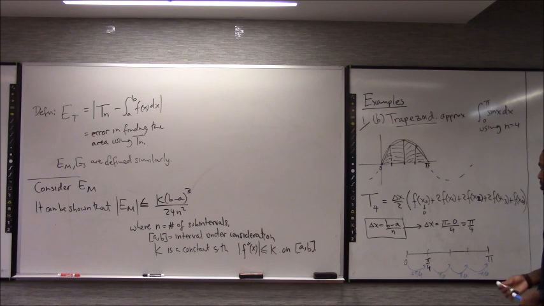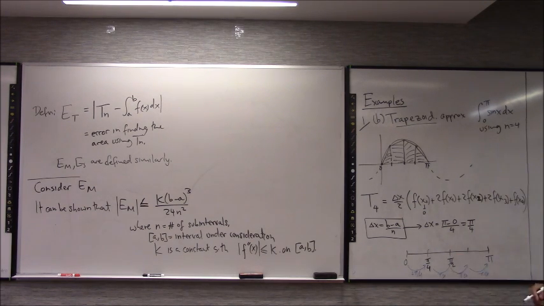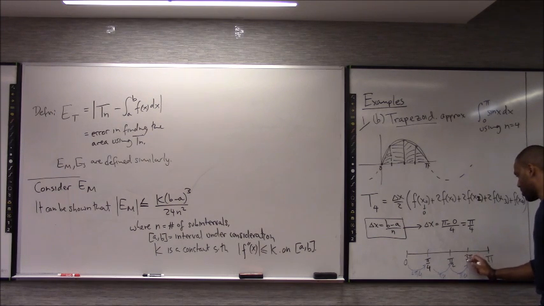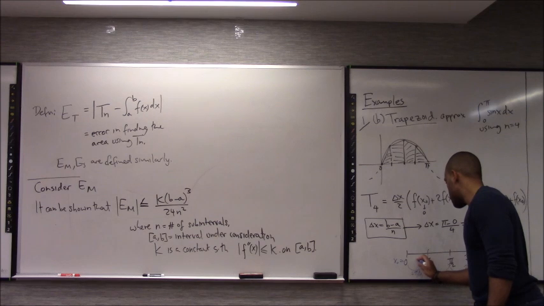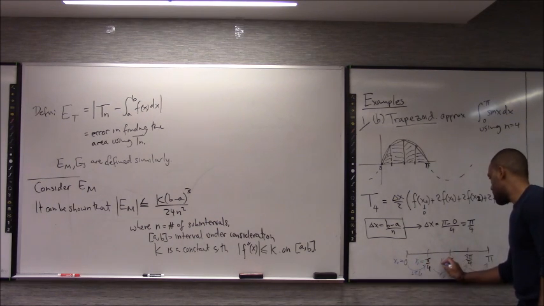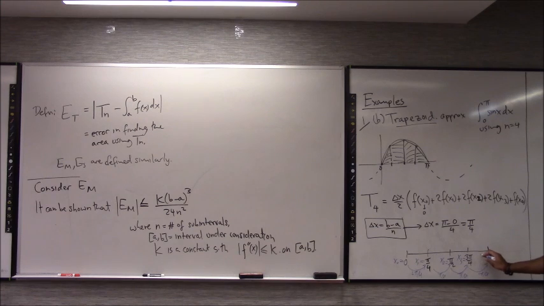If you take pi over 4 plus pi over 4, you get 2 pi over 4, which is pi over 2. 2 pi over 4 plus pi over 4 gives 3 pi over 4. 3 pi over 4 plus pi over 4 gives 4 pi over 4, so that's the endpoints. This one here is your x0, this is your x1, this is your x2, this is your x3, this is your x4, so in that formula.